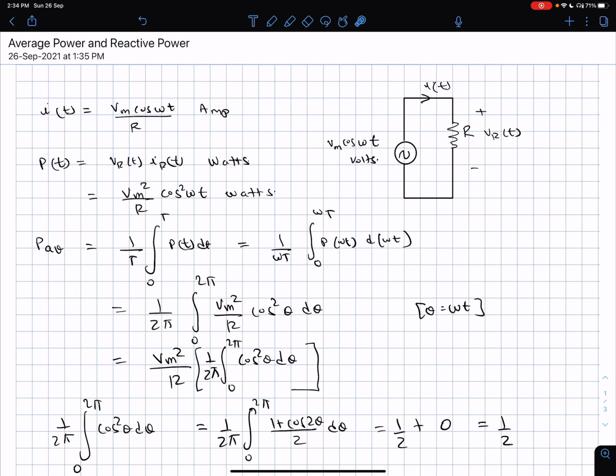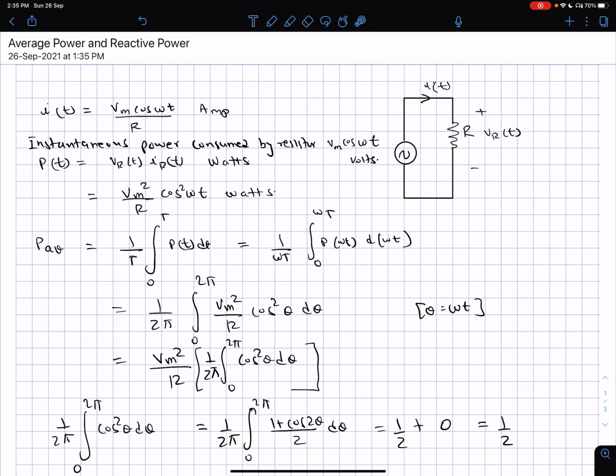Now, if you look at the instantaneous power consumed by the resistor, that is going to be VR, the voltage across it, which is a function of time, times IR, the current flowing through it, which is also a function of time.